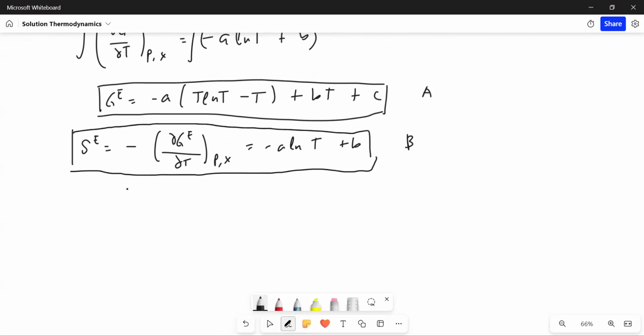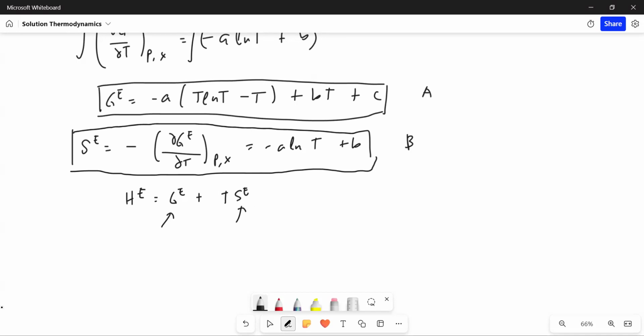So we start by using this definition of GE plus TSE. So what do we need? We actually just need to combine equations A and B right there to get HE.